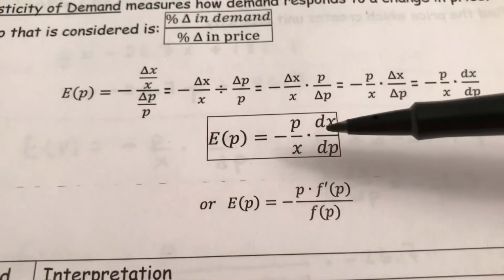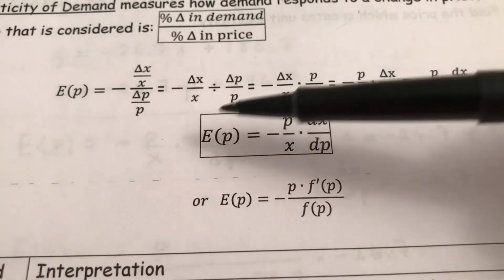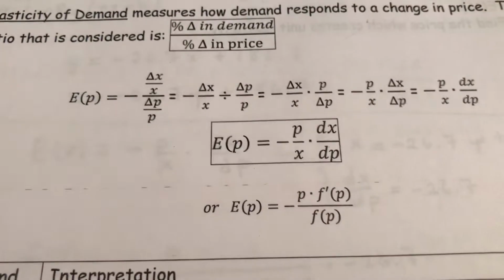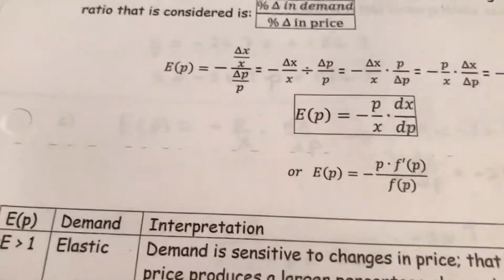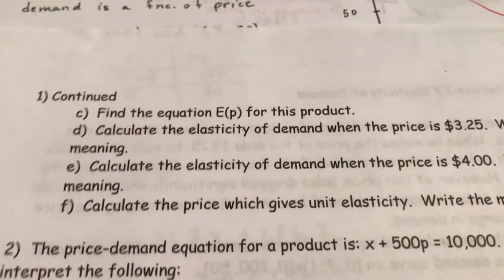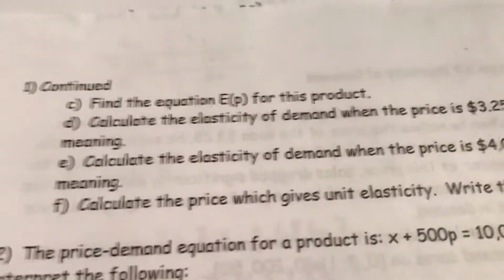All right, so we are going to be calculating our elasticity of demand on the problem above, which is an equation. So let's see, where is that? I'll turn this over. It says C. Find the equation E of P for this product.